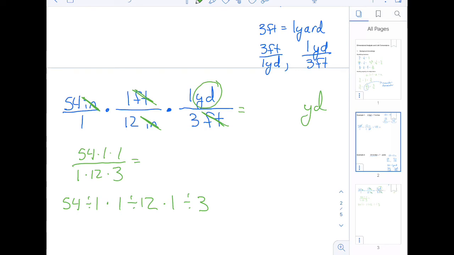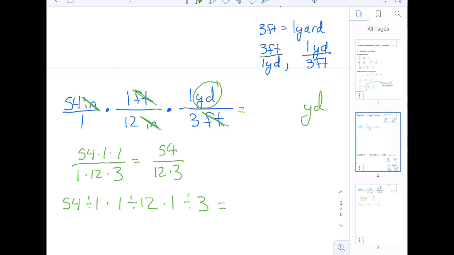Of course, we know that we don't have to really concern ourselves with the ones, because the ones won't change the value. So I could think of this as 54, the non-1 number on top, divided by 12 times 3, all in the denominator.